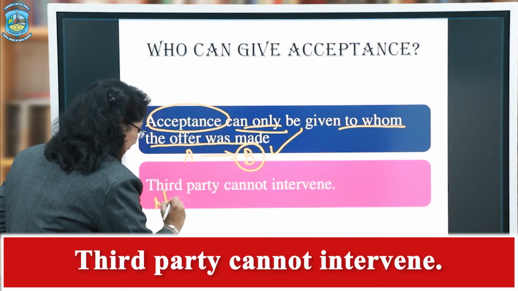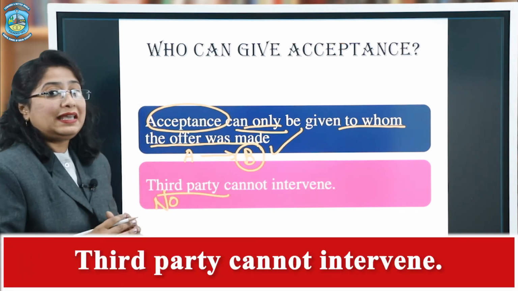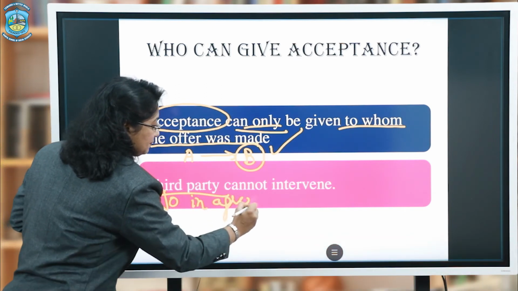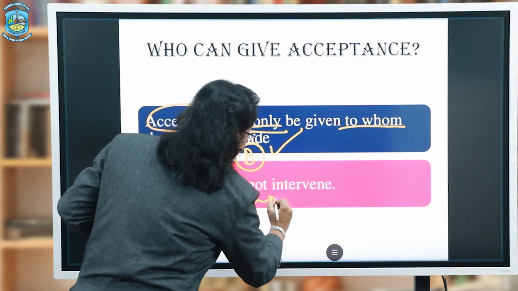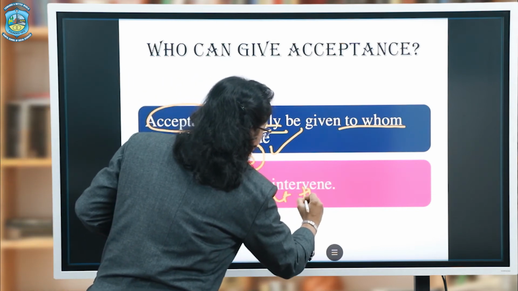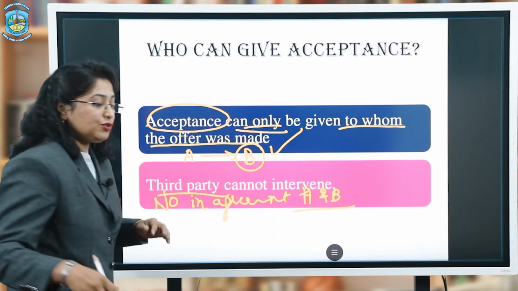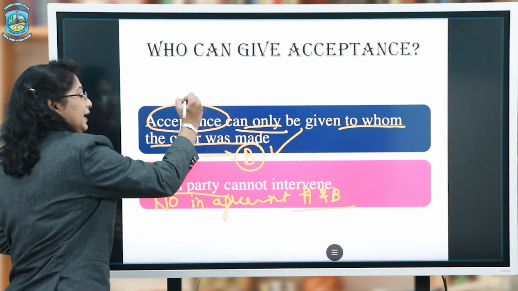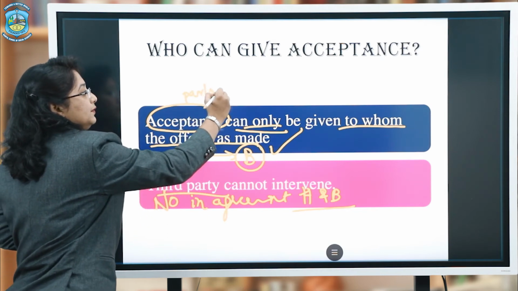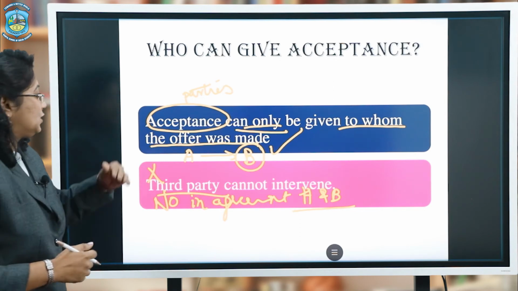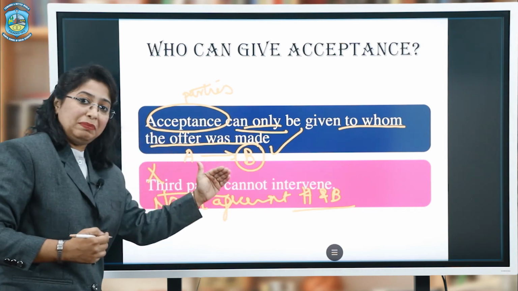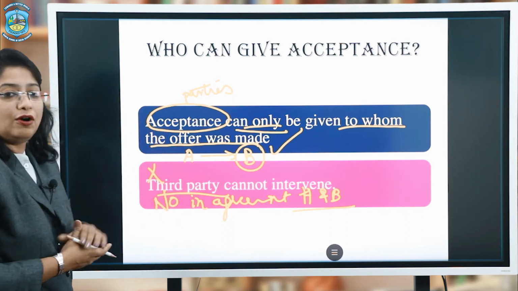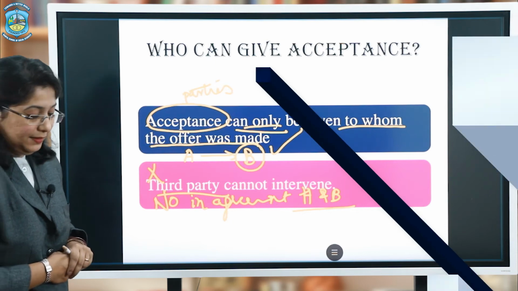Whereas no third party can intervene in the agreement between A and B party. So remember, third party is never allowed to intervene, whereas only the parties involved would be considered. So it is A offering B, then only B can accept. The third person cannot enter into any of the agreement between A and B.